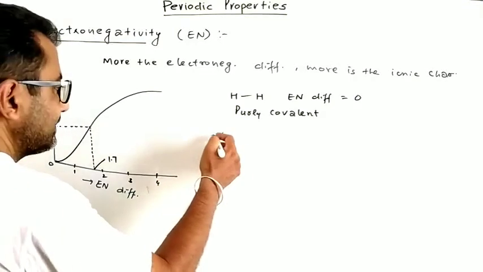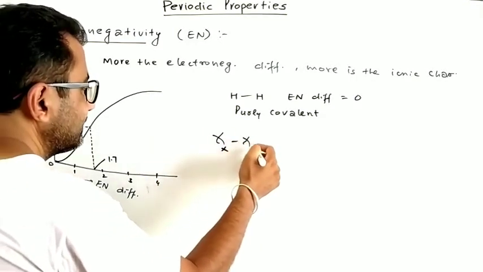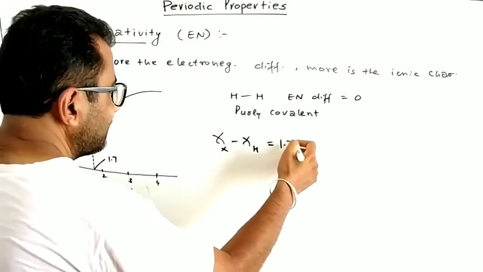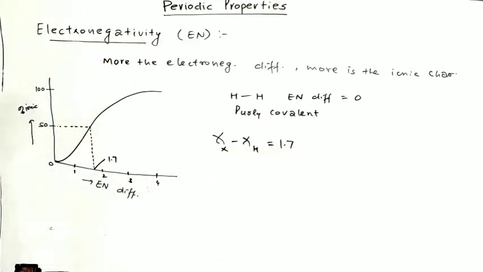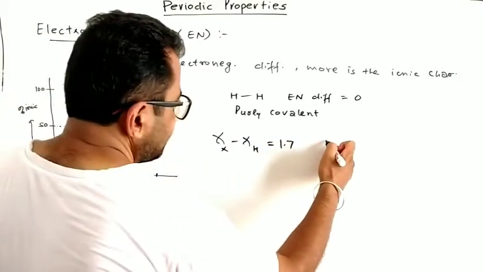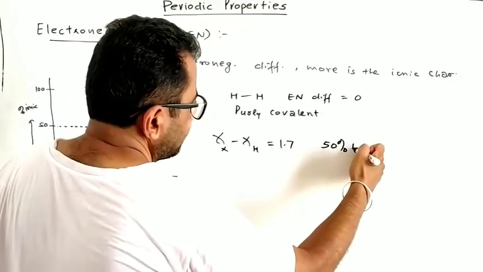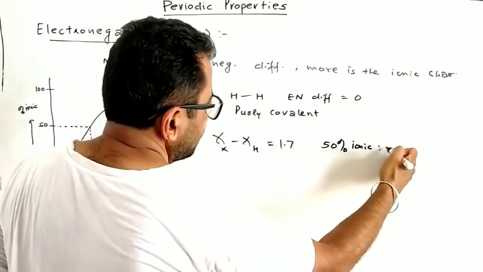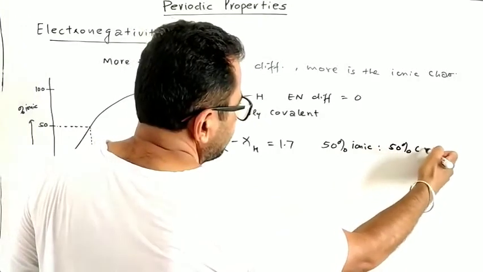If chi X minus chi H is exactly 1.7, then the bond is 50% ionic. You can also say 50% covalent.